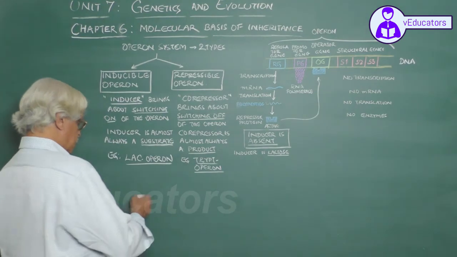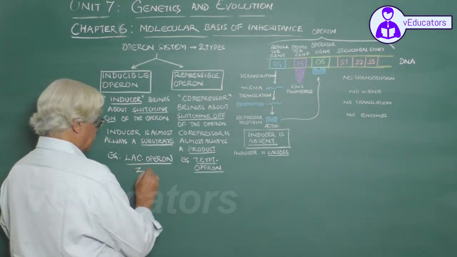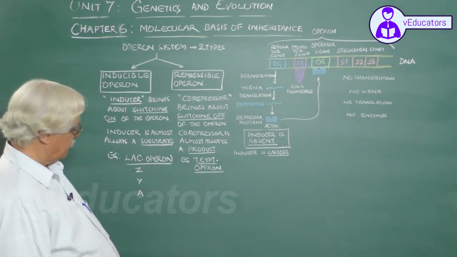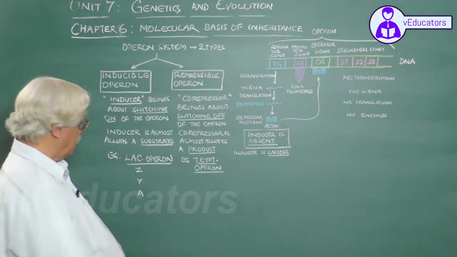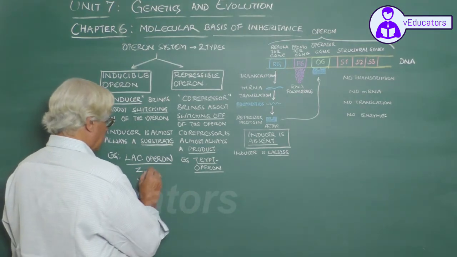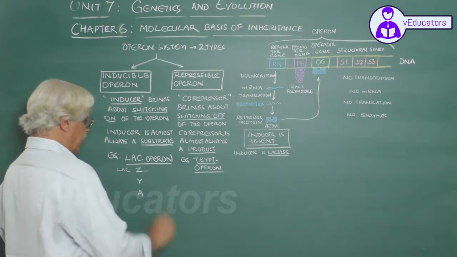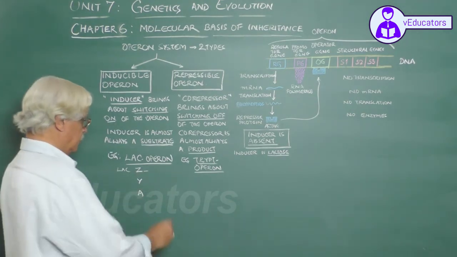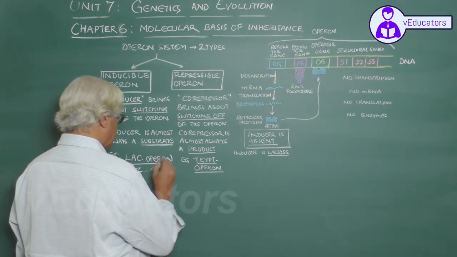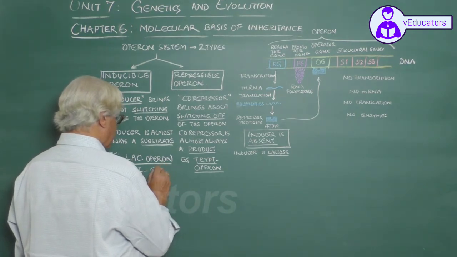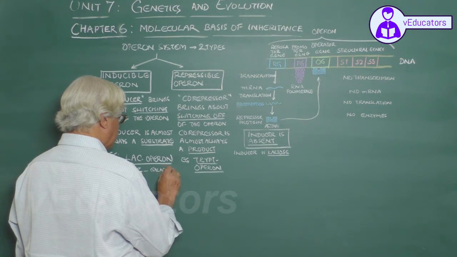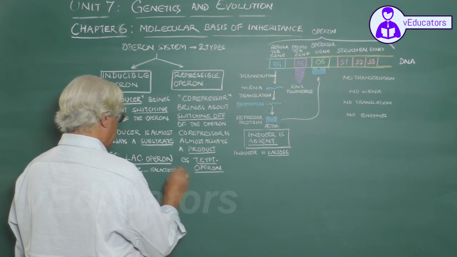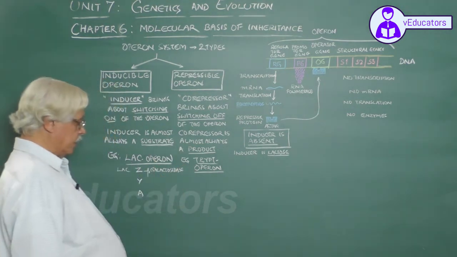So these enzymes are designated as Z, Y and A, also called lac Z, lac Y and lac A. Lac Z is an enzyme called beta galactosidase.